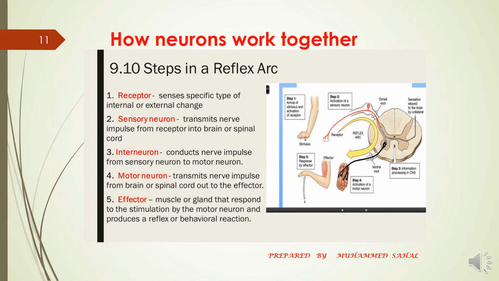Step 3, the interneuron conducts nerve impulses from the sensory neuron to the motor neuron. Fourth stage, the motor neuron transmits nerve impulses from the brain or spinal cord out to the effector. And the fifth stage, the effector, a muscle or gland, responds to the stimulation by the motor neuron and produces a reflex, that is a behavioral reaction.